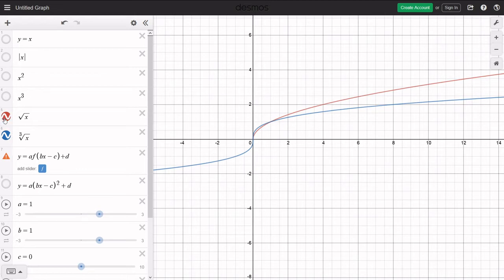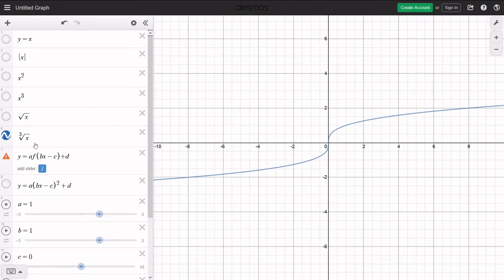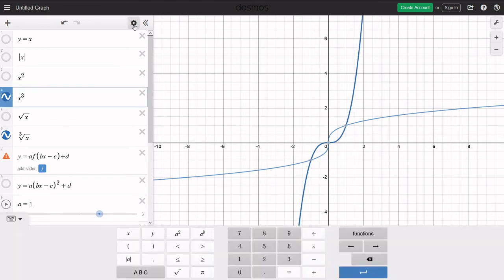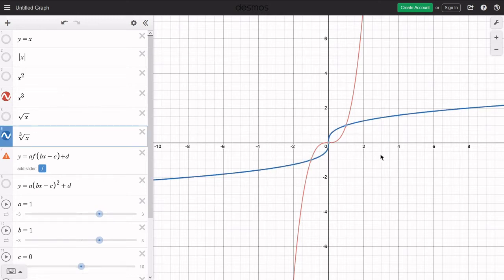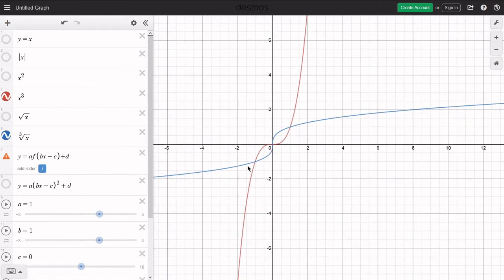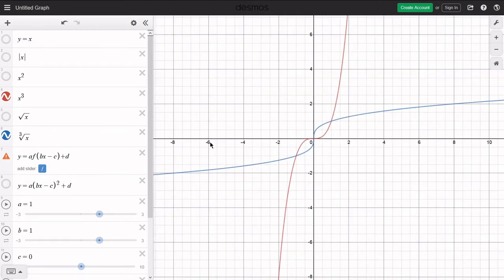The cube root does. So that's a very big difference there. And of course, it's red, I think. Yeah. You can see that the red line is actually just a reflection across a certain line, and that gives you the blue line. That's because they are what are called inverses of each other.